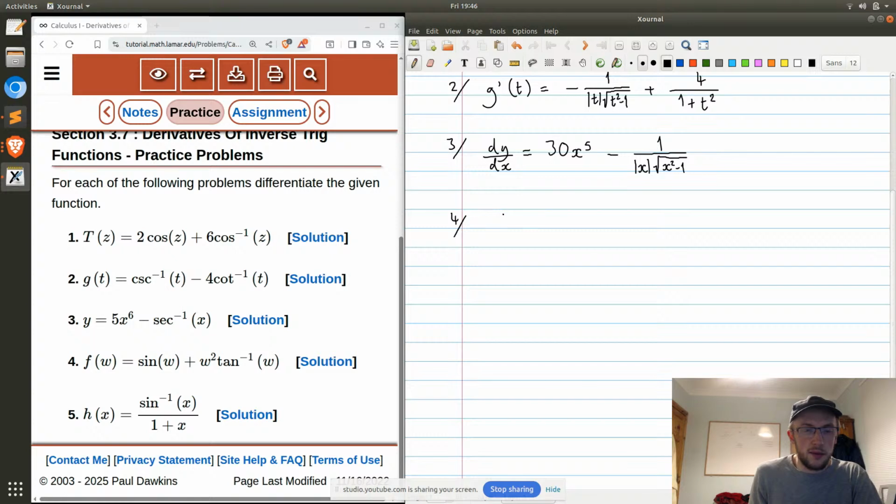So we have f of w equals sine of w plus w squared arc tan of w, and that's the product right there, so we need to apply the product rule.